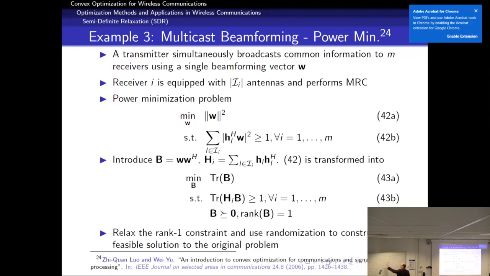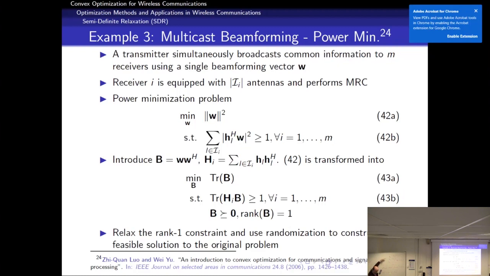So it's not simply like in the broadcast channel where we have a single antenna and we make sure the message is decoded by the weaker user and the stronger user. We have multiple antennas here, but I have only one precoder, one vector, which has to be designed such that the SNR here is larger than a certain threshold, the SNR here is larger than a certain threshold, the SNR of all the users is larger than a certain threshold. Right? So it's a different formulation from the unicast one.